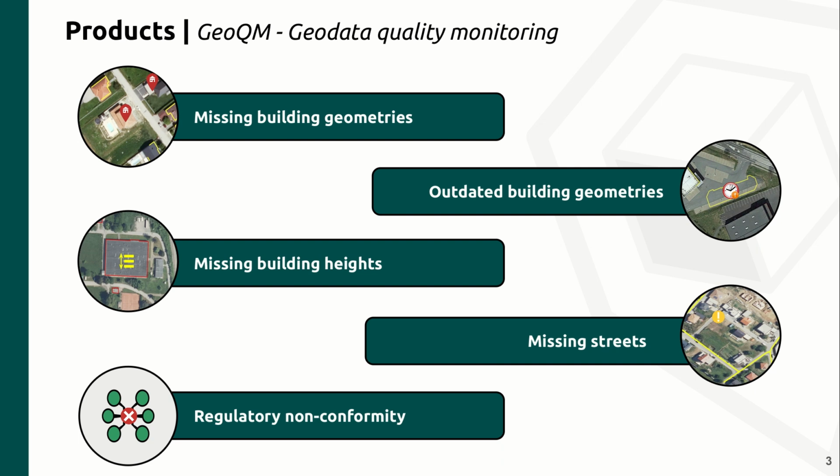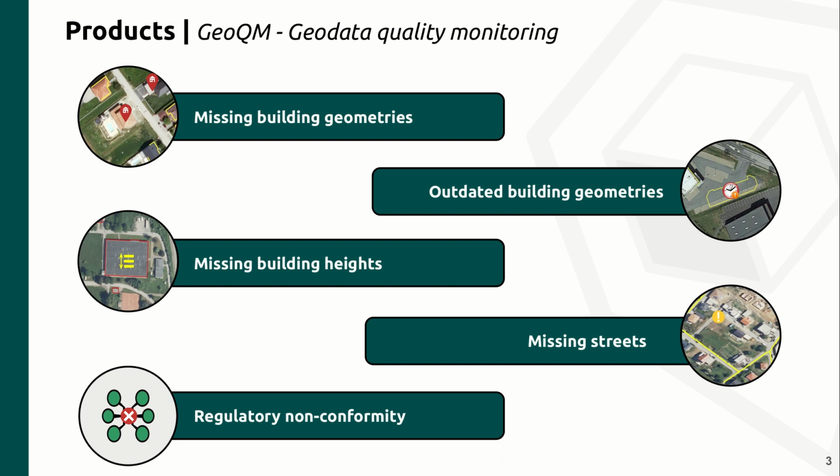Using recent, high resolution satellite imagery, we are detecting missing building geometries. We also, of course, understand if there are buildings in the database of the client that are not there anymore in reality, so outdated building geometries.